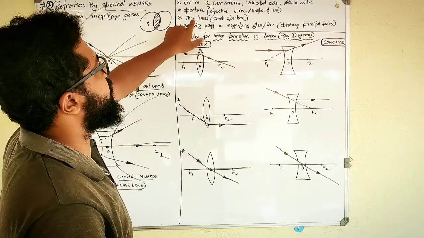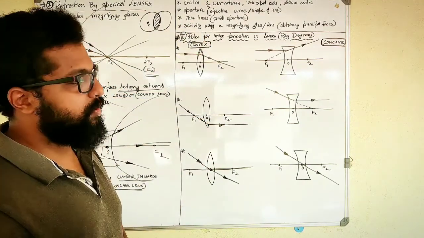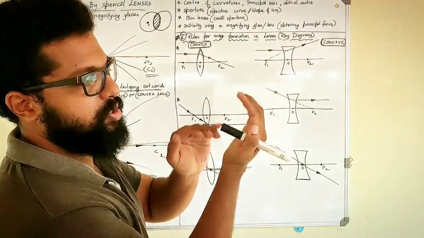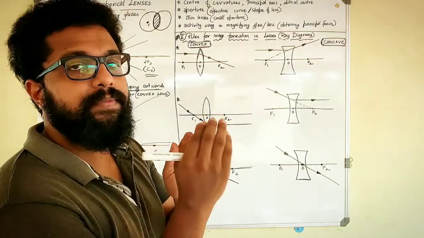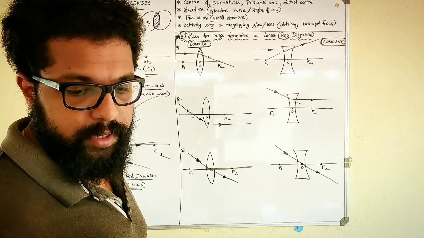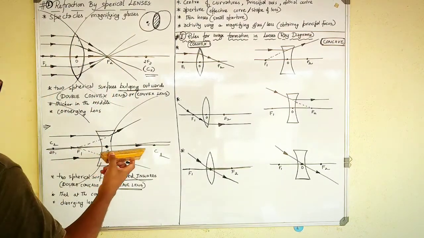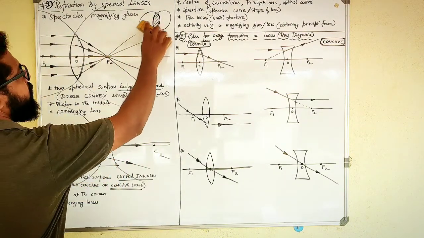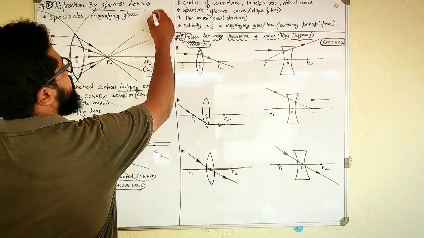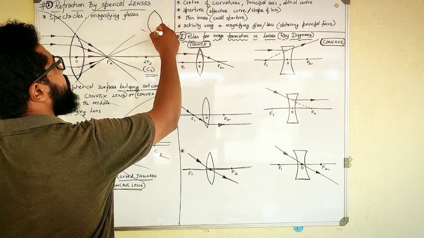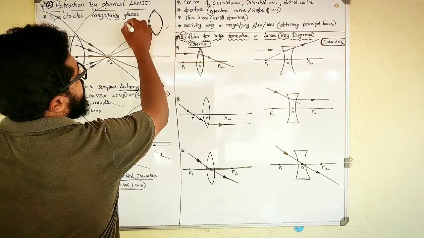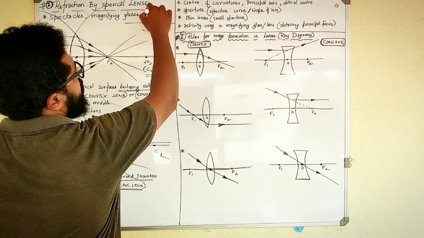There is something called thick lens and thin lens. So if the curvature or the aperture is very much, this curve is too much, then it forms a thick lens. You can see, I'll erase this part over here. Over here you can see if the thickness of a particular lens is more, it can be concave or convex, the bending will be much closer.